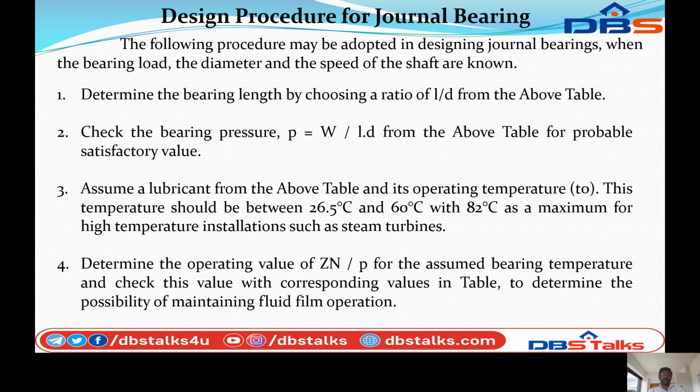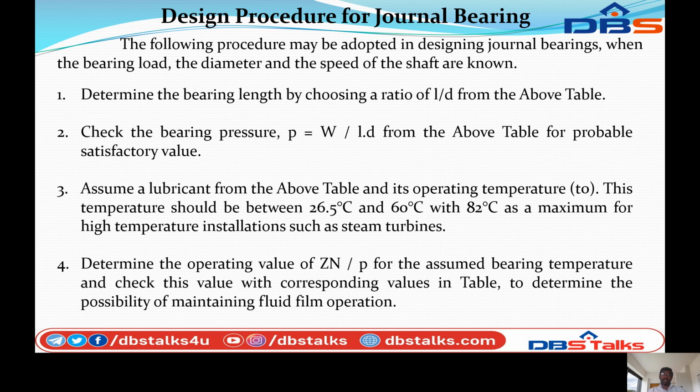Next, the design procedure for the journal bearing. So what is the design procedure? The following procedure may be adopted in designing a journal bearing when the bearing load, the diameter and the speed of the shaft are known. Determine the bearing length by choosing the ratio L by D from the above table.